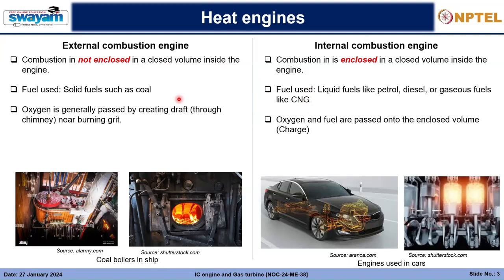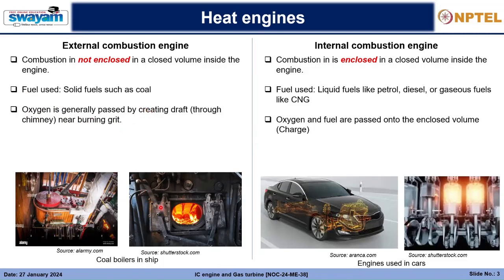Then the supply of oxygen. You must be knowing that for combustion to take place, you will have to supply oxygen. In external combustion, oxygen is generally passed by creating a draft through a chimney, or near a burning grid. You will have huge chimneys in industries, and there the oxygen is being circulated.